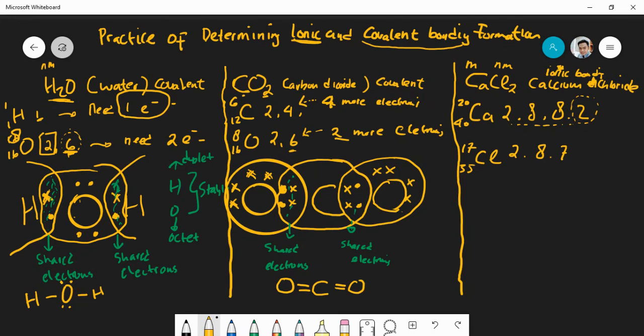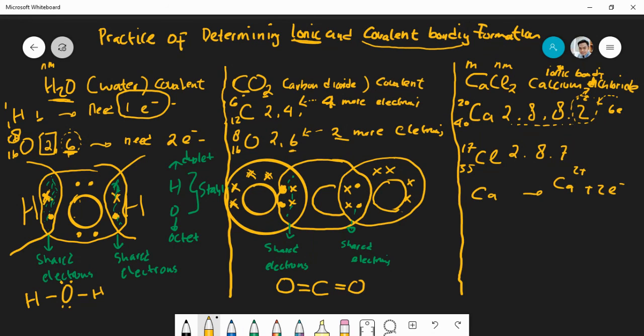So in here, calcium can either gain 6 electrons or just give up 2 electrons. Of course, the simplest way is to give up these 2 electrons. So calcium releases 2 electrons and becomes 2 positive.